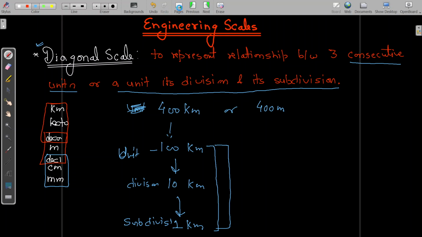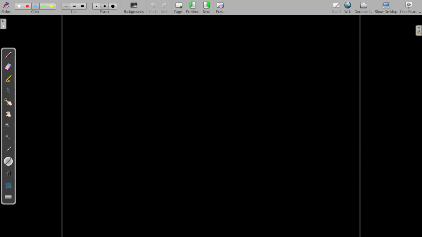Now let me tell you what is the principle on which this diagonal scale works. For that let us take an arbitrary length. This is any line, let us say AB, and the length of this line is arbitrary. Our motive is that I have to divide this line into equal number of parts.